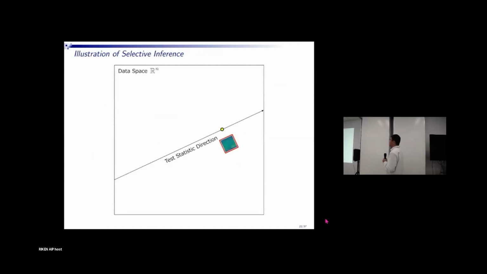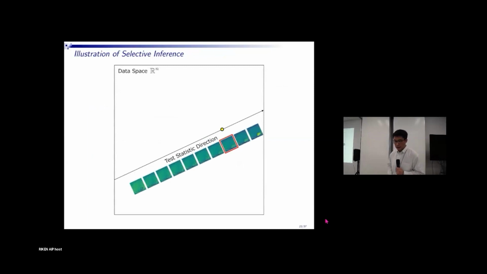So it looks something like this. This is a data space, an n-dimensional real space. A point here indicates an image. And we consider a test statistic direction. This is selected by a neural network. And this is the actual image we have here.